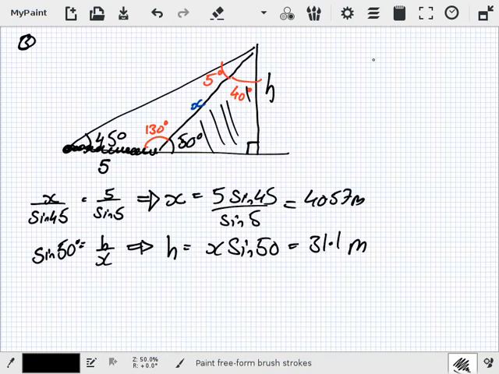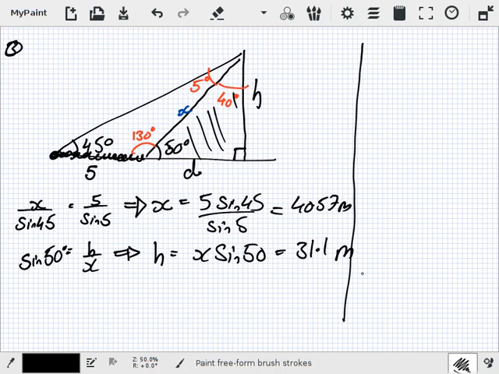Let me just do it on the side here, because I actually don't think it's too bad. If you call this distance here d, as an example, you could have said, as another way to do this, tan 45 equals h over 5 plus d, if you look at the big triangle. Then if you look at the small, tan 50 is h over d.